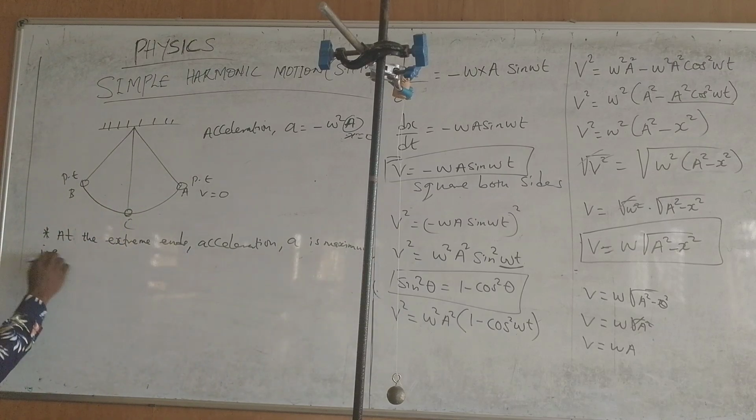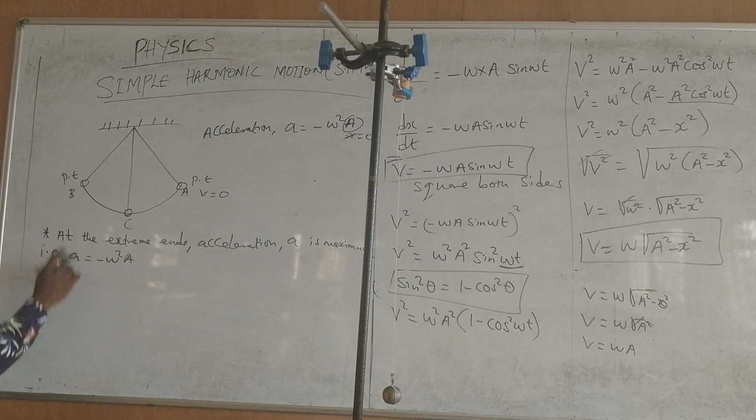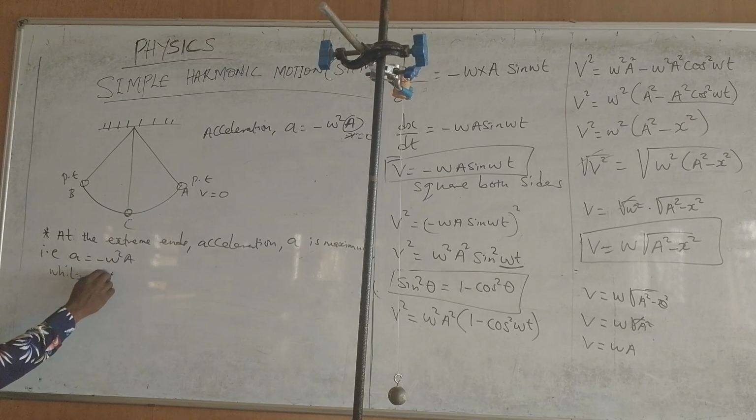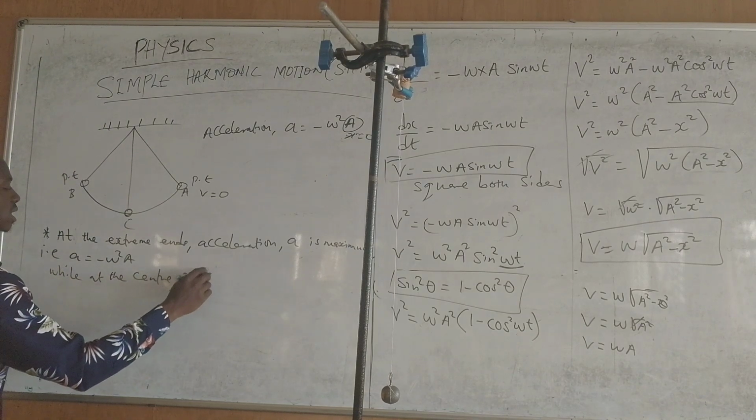That is a equals minus omega square A, where this time around x is going to be equal to A. While at the center, acceleration is what?